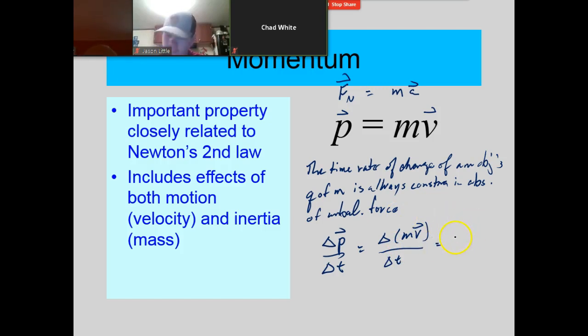So you could pull this out and you have mass times change of velocity per change of time. Well, what's that? This is acceleration. That's where Newton's second law comes from. This is what a force is, a change of momentum per unit time.